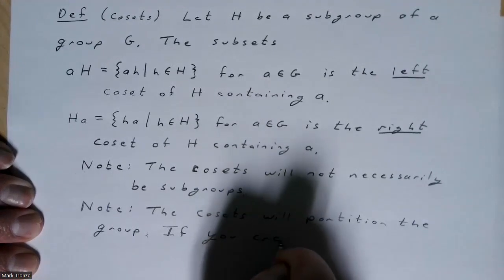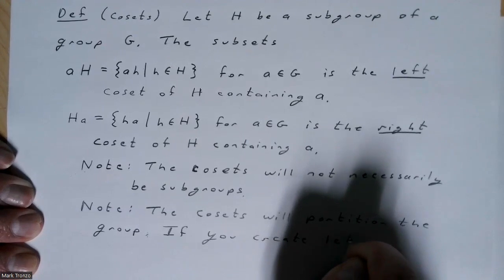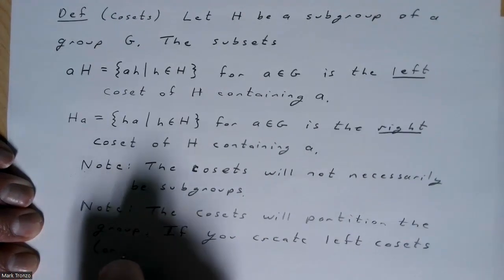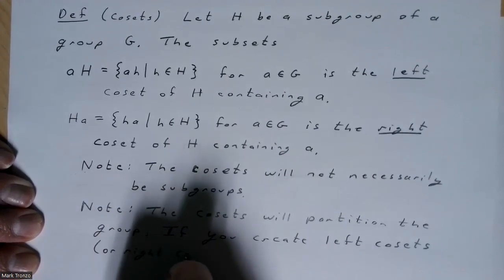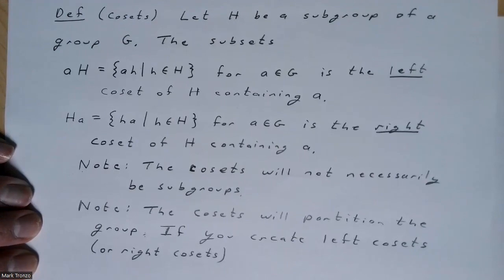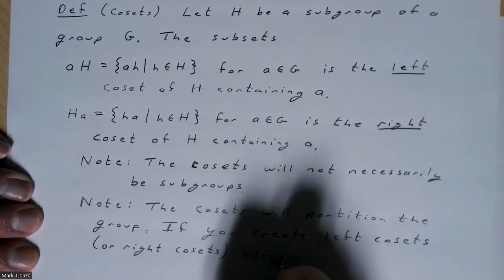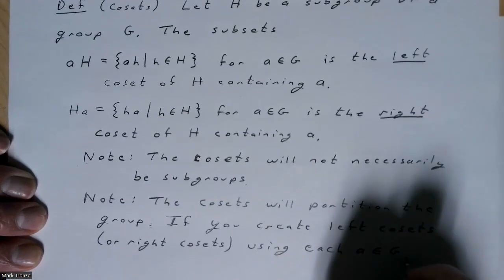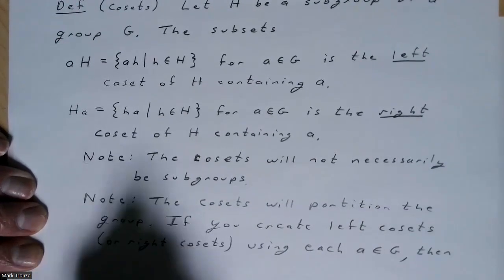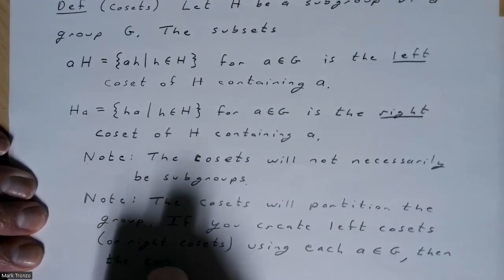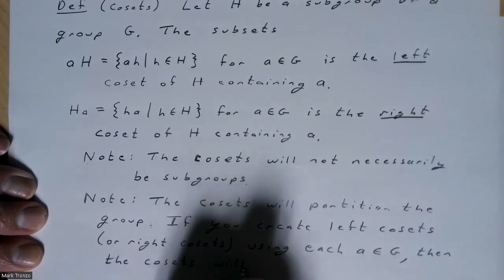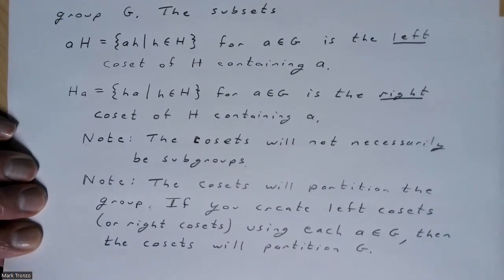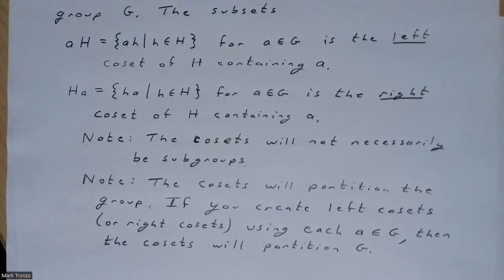If you create, say, left cosets, or the same thing if you made right cosets, using each member of G, then the cosets will partition the group G. And you remember what a partition is?